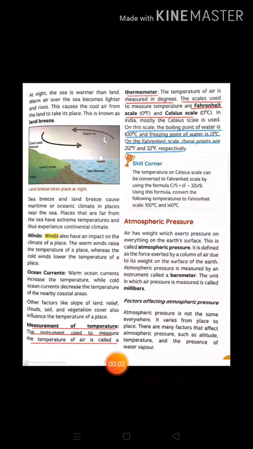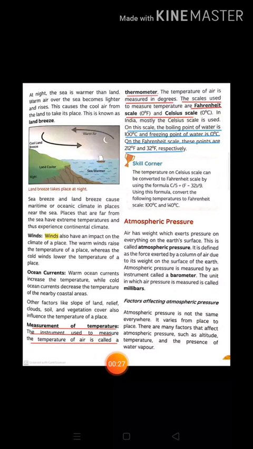Measurement of temperature. Temperature is measured by an instrument called a thermometer. The scales used to measure temperature are the Fahrenheit scale and the Celsius scale. Both of these scales are measured in degrees. In India, we mostly use the Celsius scale.